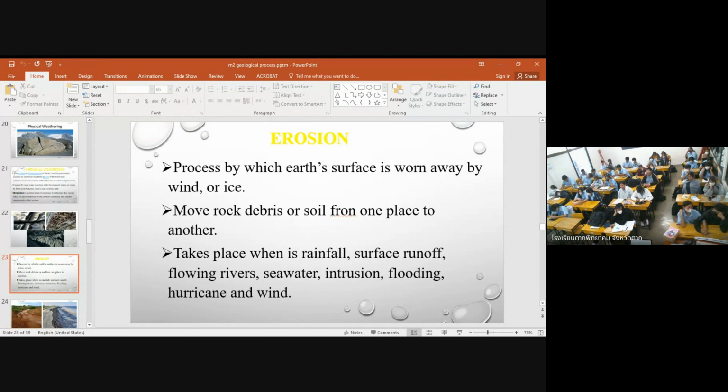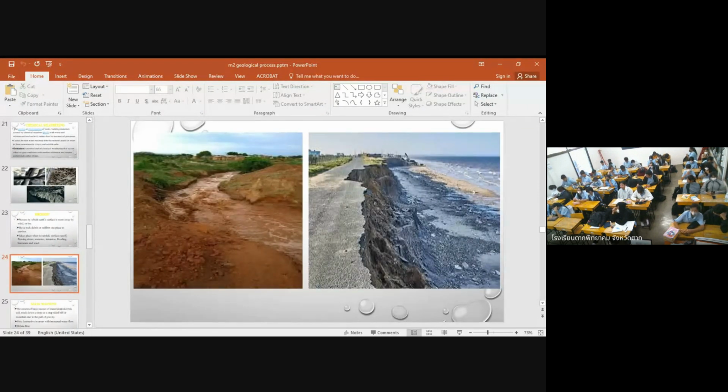Intrusion and flooding. You know what flooding is, right? For example, a landslide. You know what a landslide is? The soil in the mountain. And of course, you know the hurricane and the wind. These are examples of erosion.